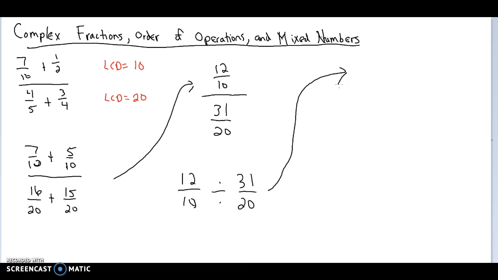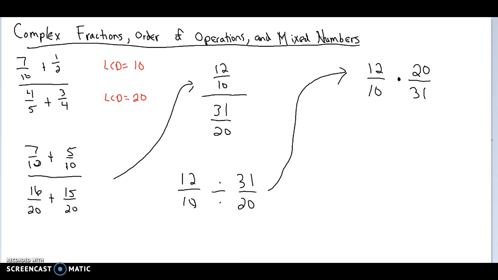I'm sure you've heard of keep, change, flip. That's going to apply here. So we're going to keep the first fraction, 12 over 10. Change to multiplication. We flip the second fraction to make it 20 over 31.